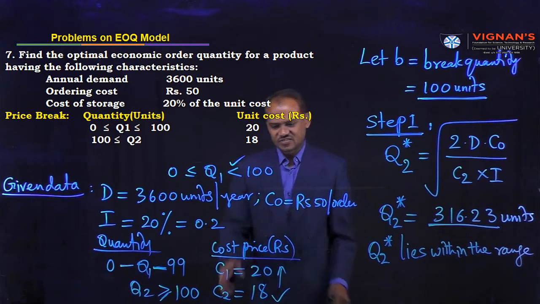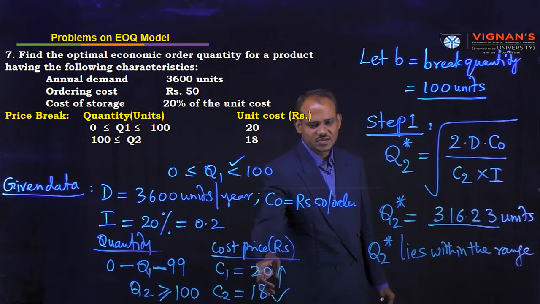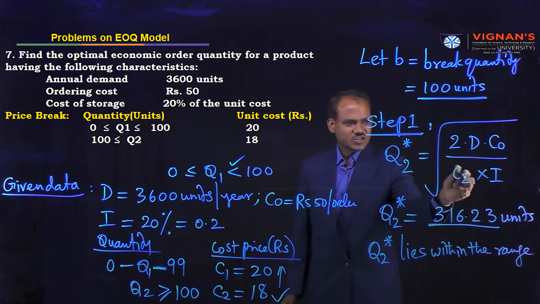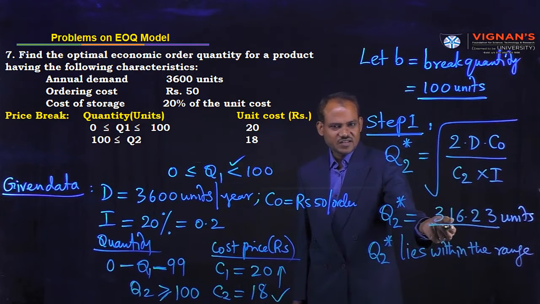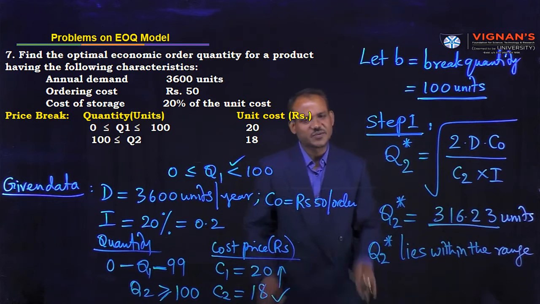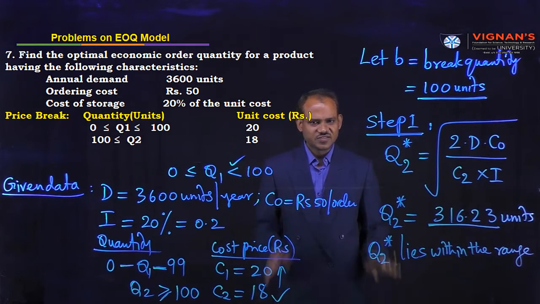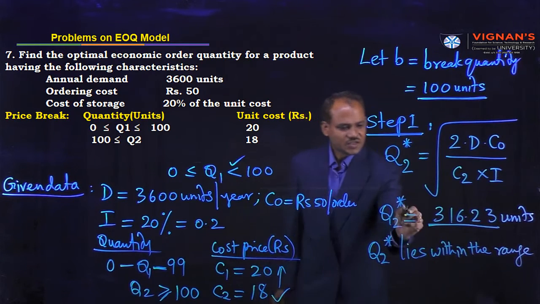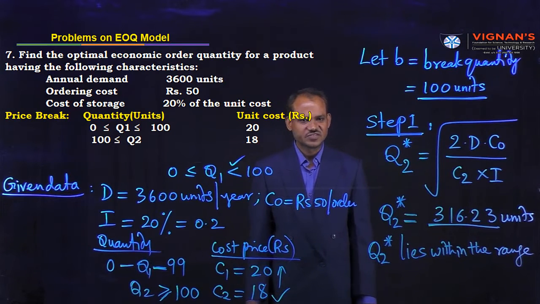Consider another price, another highest price, that means 20 rupees. By using this price, again calculate Q star. You can change C1 in place of C2. You will get another value. That is step 2. In this problem, there is no need to go to step 2 because Q2 star lies within the range.